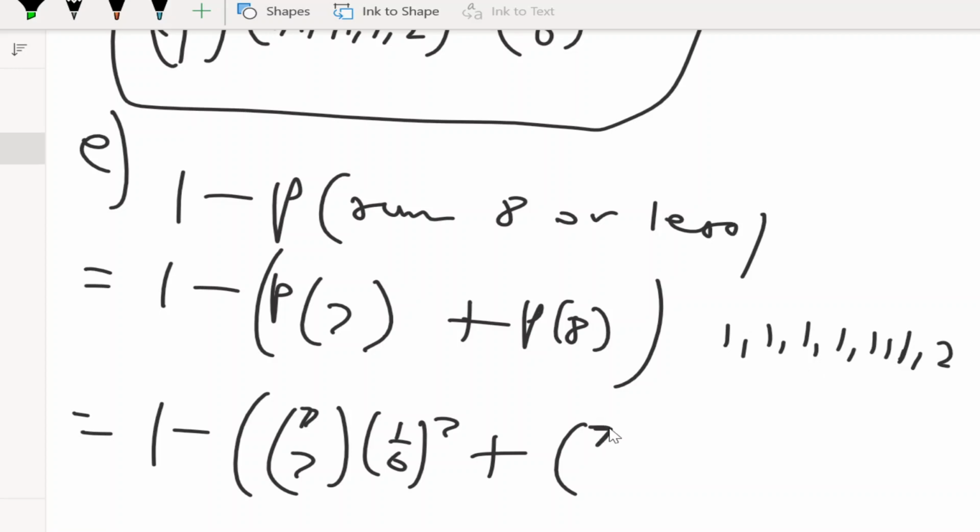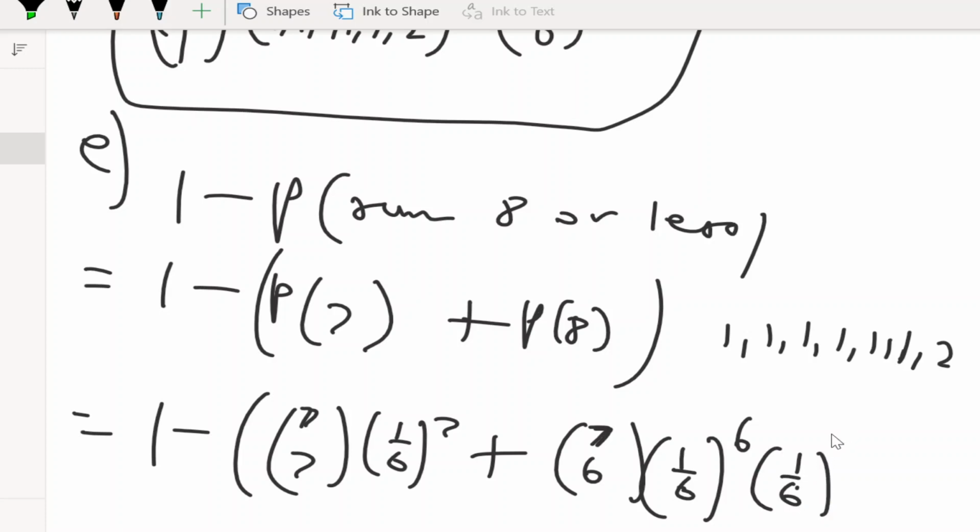So there are 7 independent Bernoulli trials, of which there are 6 successes. And a success has probability 1/6, and it'll be to the 6th power. And then there's one failure where you roll a 2. And that will be to the 1st power, because it can only occur in one way.